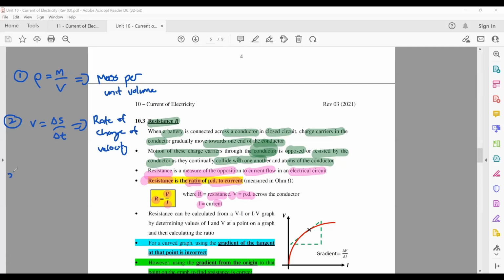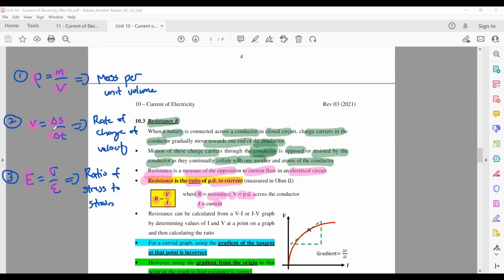Then after that, if I give you Young's modulus, this one you will say is ratio of stress to strain. Now notice the similarity in the equation form. Density is mass divided by volume. Velocity is displacement divided by time. Young's modulus is stress divided by strain.